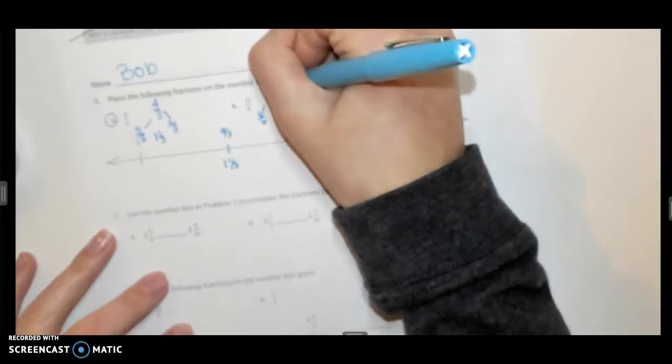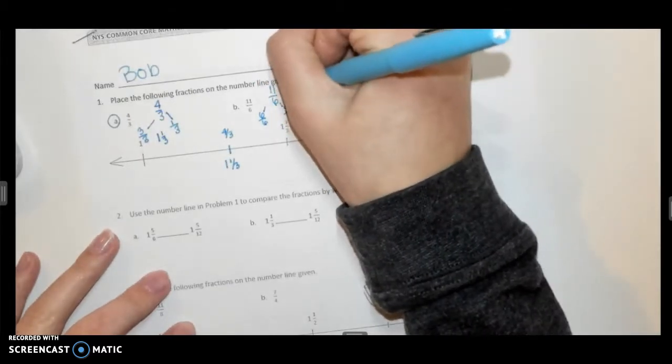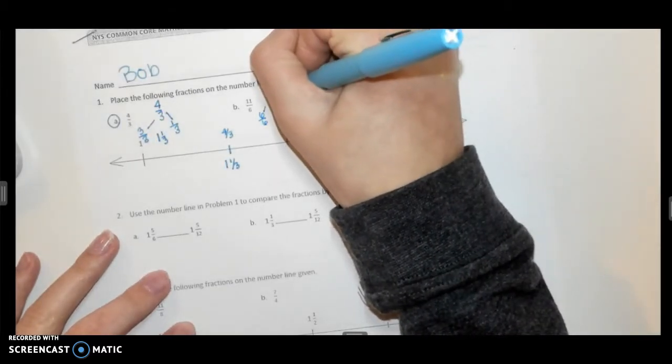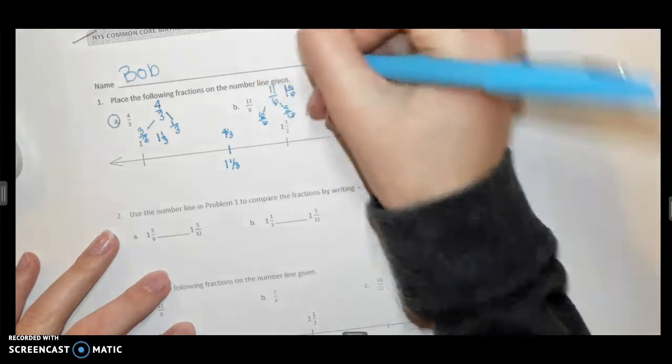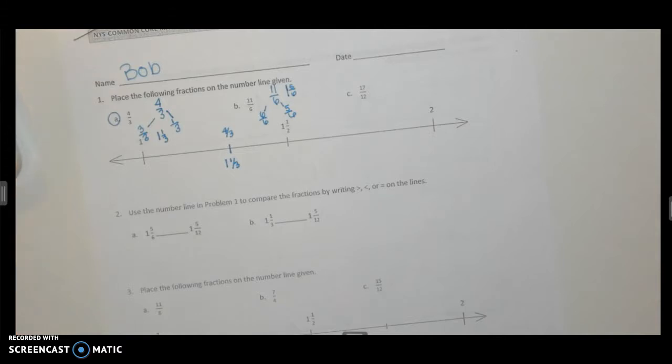So our mixed fraction would be 1 and 5/6. And then we plot that point, 1 and 5/6.